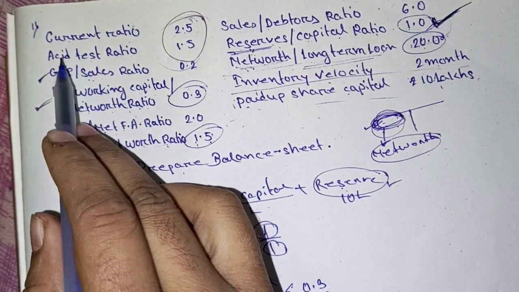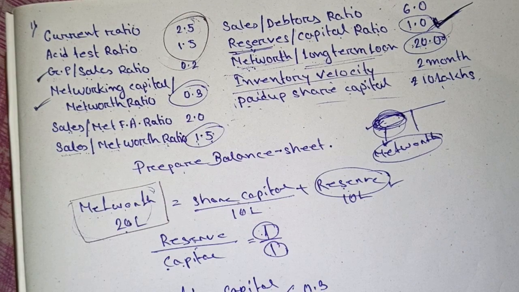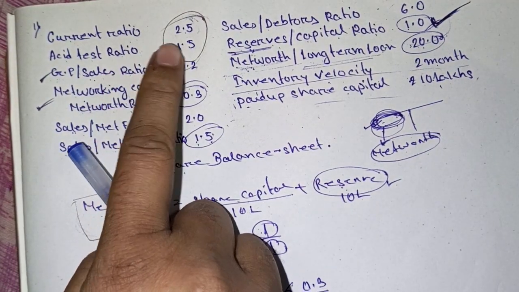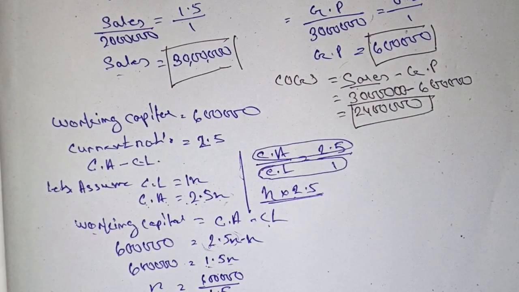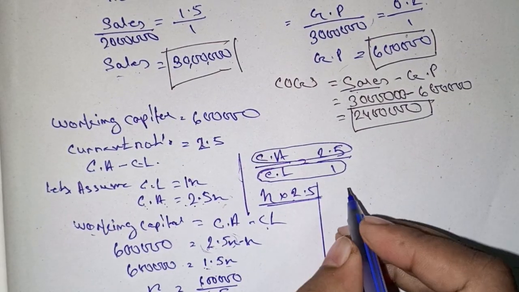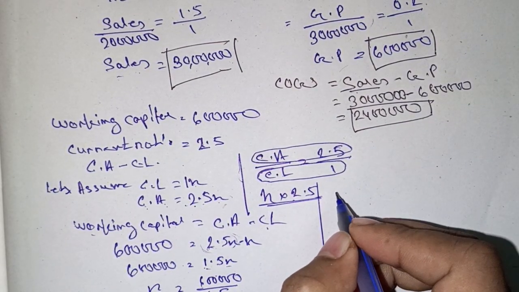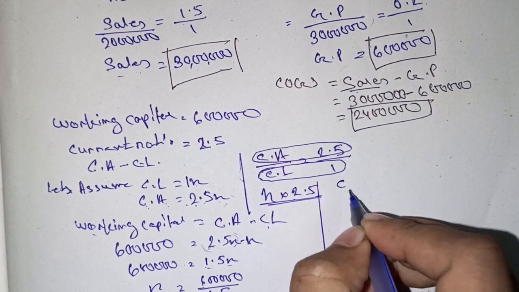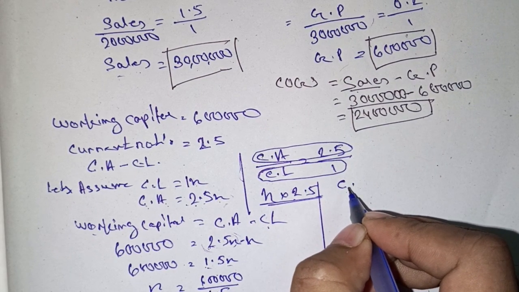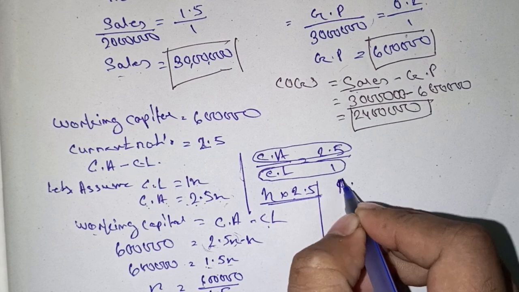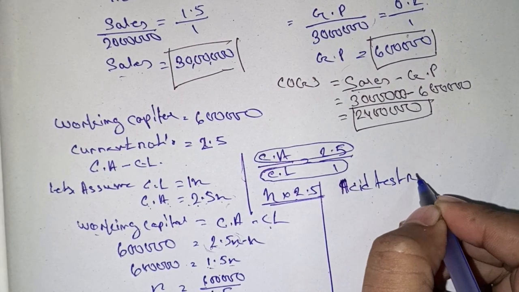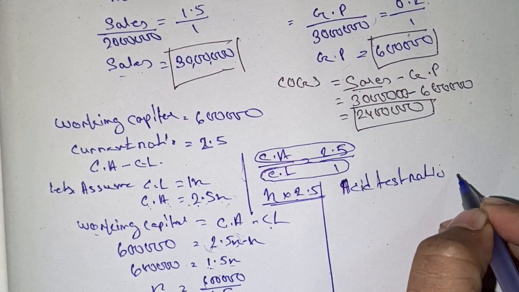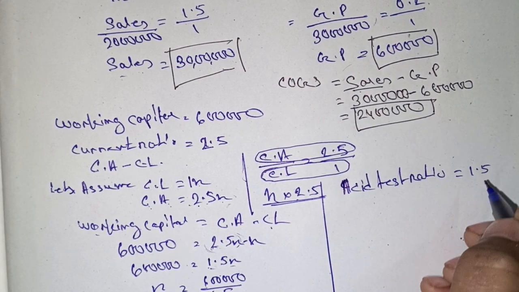Now we have to solve the acid test ratio. Okay, the acid test ratio is given as 1.5. So write it here, acid test ratio is 1.5.